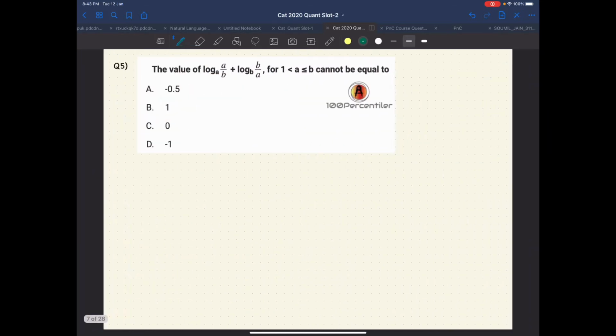Okay, going to the next question. So we have log of a upon b to the base a plus log of b upon a to the base b. We have to find this particular value for 1 less than a less than b. So this is just to satisfy the log conditions.